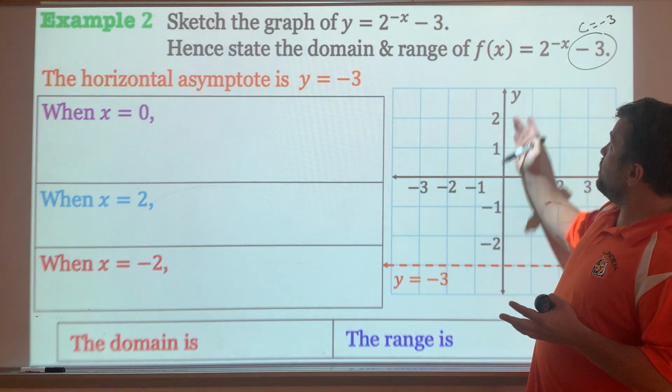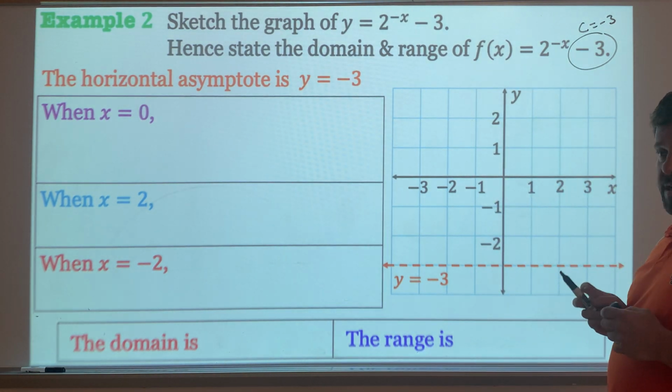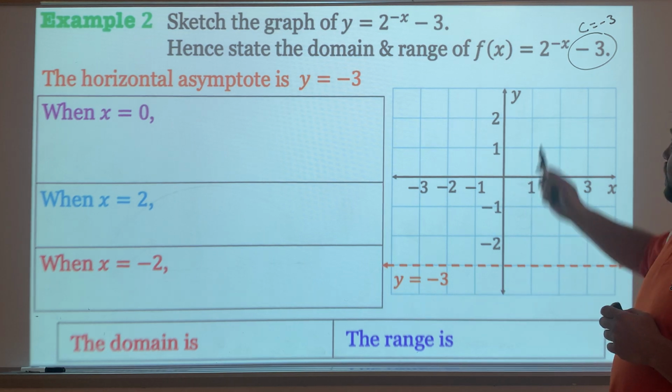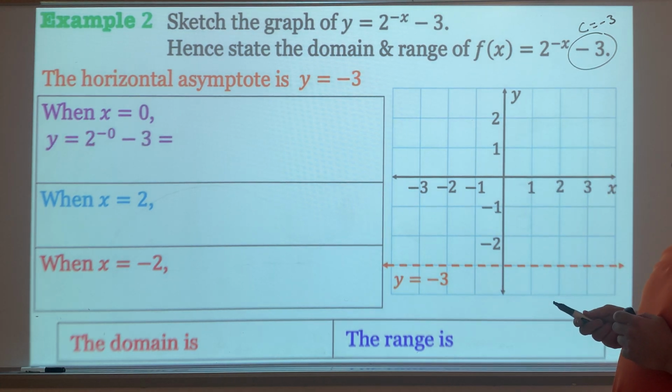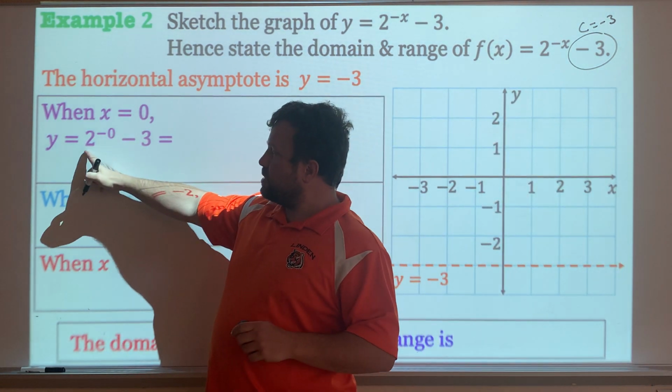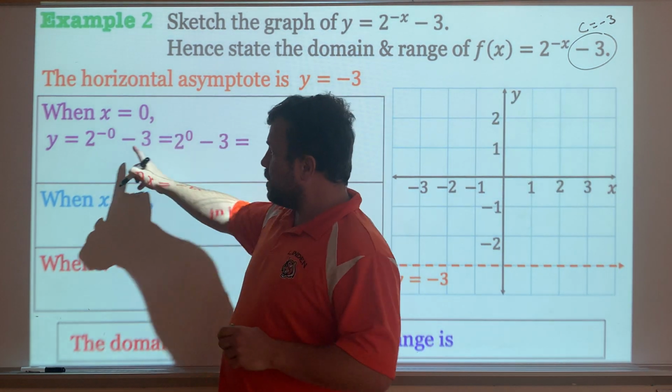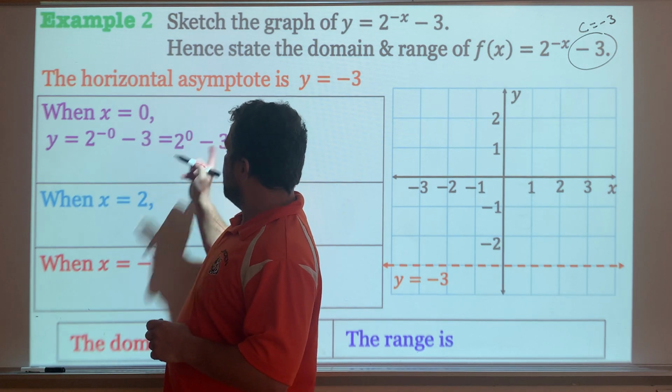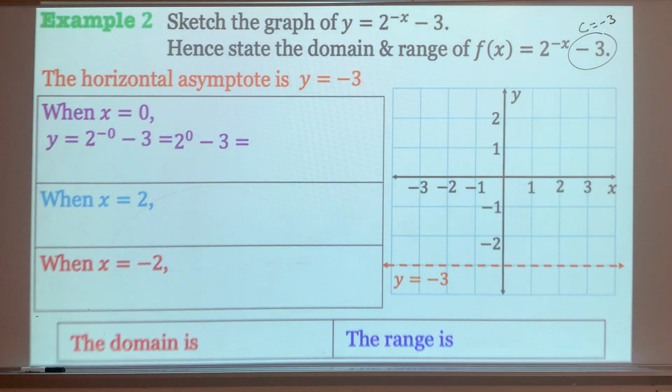So plug 0 into the equation and solve for f of x. 2 to the negative 0 minus 3. Anything to the 0 power is 1. Negative 0 is the same as 0, so that becomes 1 minus 3.